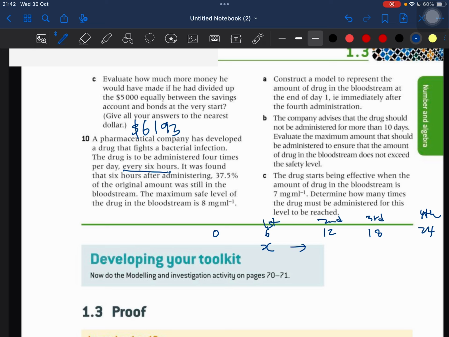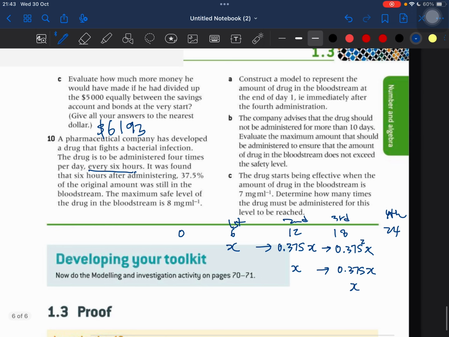After 6 hours, this will be changed to 37.5%, so 0.375x. He will take another pill, another drug. After 6 hours, this will be changed again to 37.5%, and he will take another one.